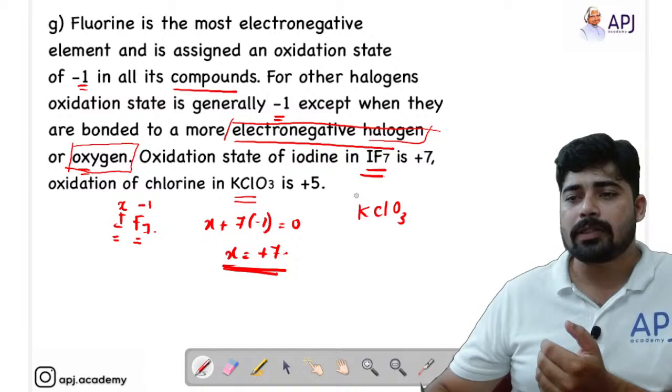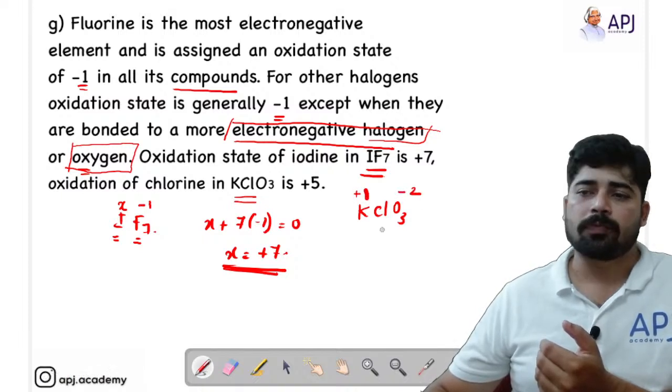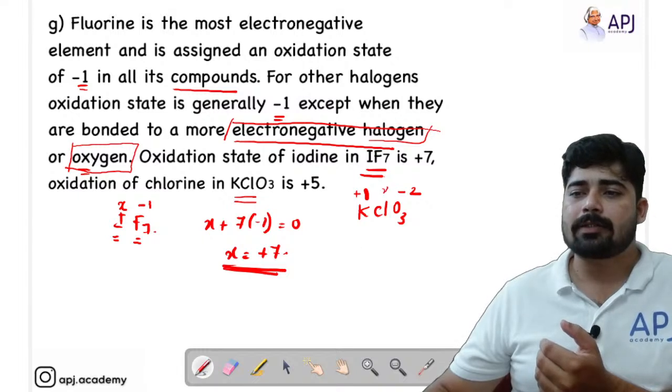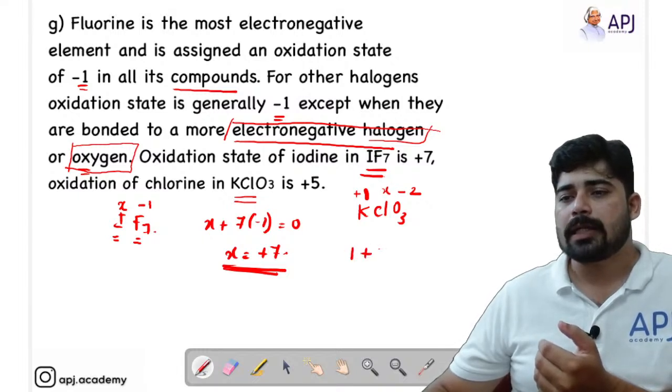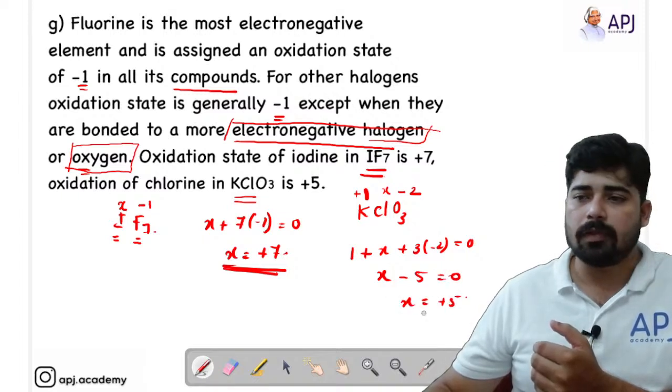We know that the oxidation state of potassium is +1, and oxygen is -2. Put X for chlorine. So 1 plus X plus 3 into -2 equal to 0, the charge on the molecule. So X minus 5 equal to 0, X is equal to +5.